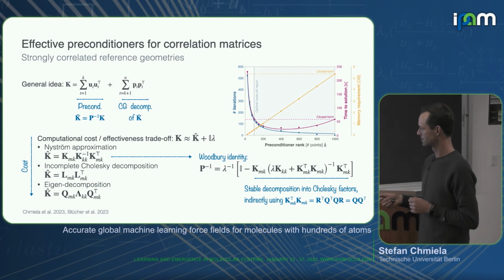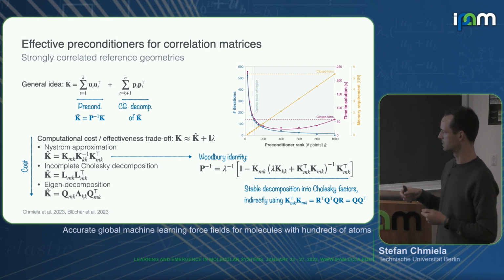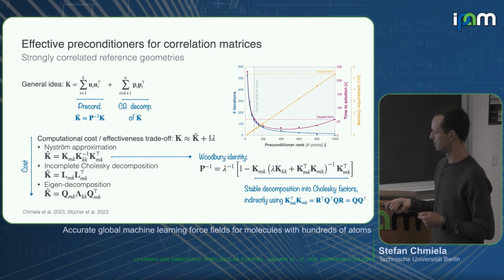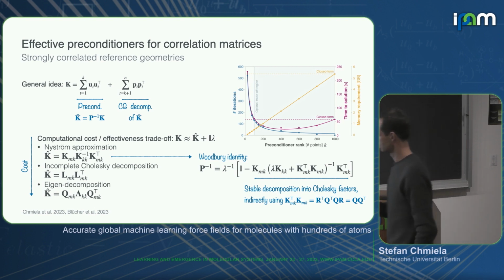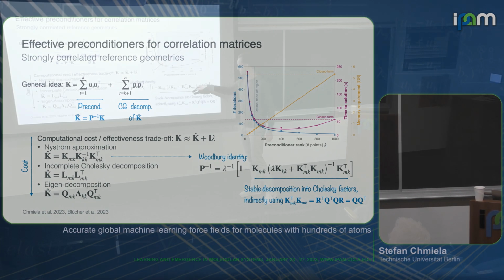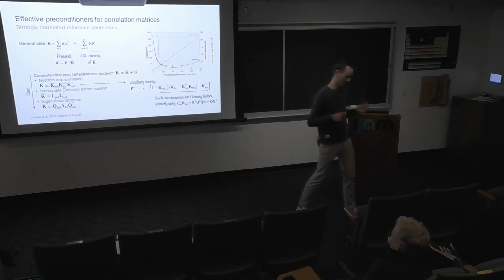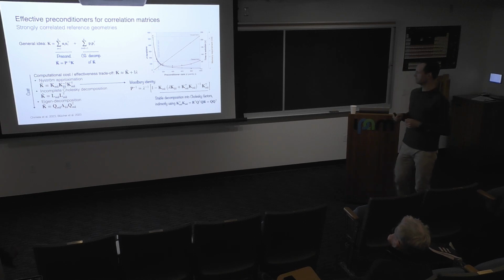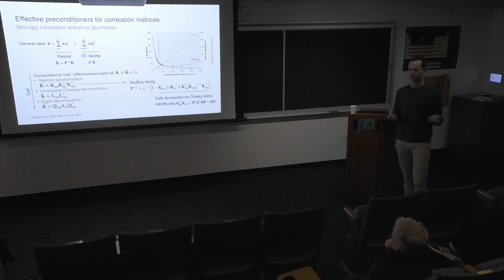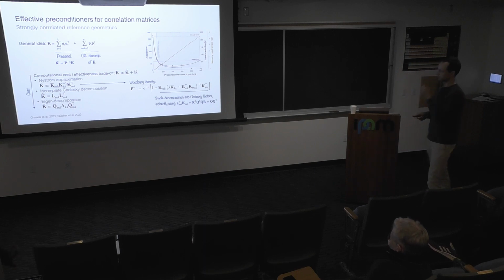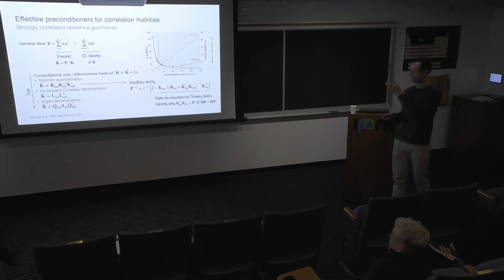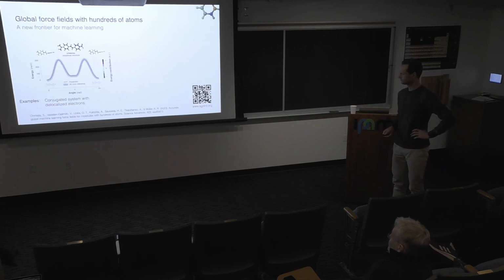We have to take this inner part and find the Cholesky decomposition in order to create the inverse, and we do this without actually doing the multiplication, because it squares the singular values of the submatrix. We do it indirectly with a so-called economical QR decomposition, and then the Q part of it is actually the Cholesky factor. This is one of the tricks that we apply in order to form this inverse efficiently.